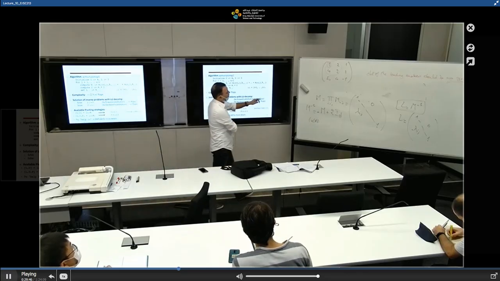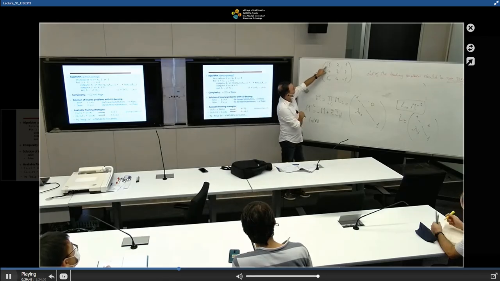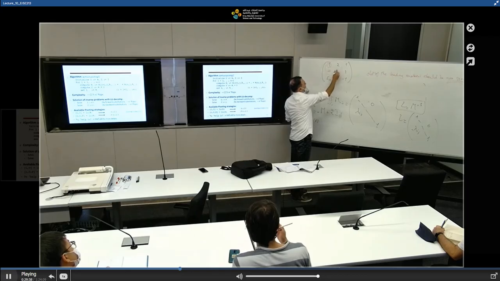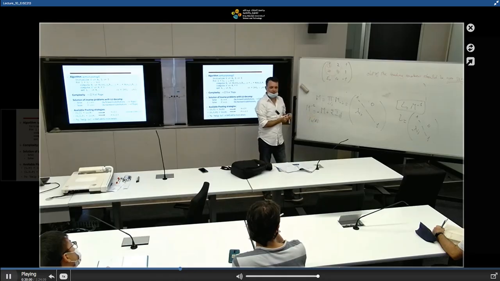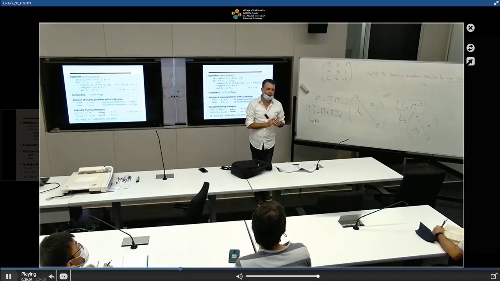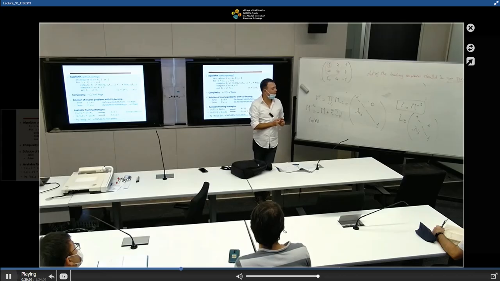Which means that this matrix is invertible. Actually, it is. I wanted to write 2, 4. If I write it 2, 4s, then it's not. Okay? Then you cannot do the LU decomposition. You can go around this by doing what?